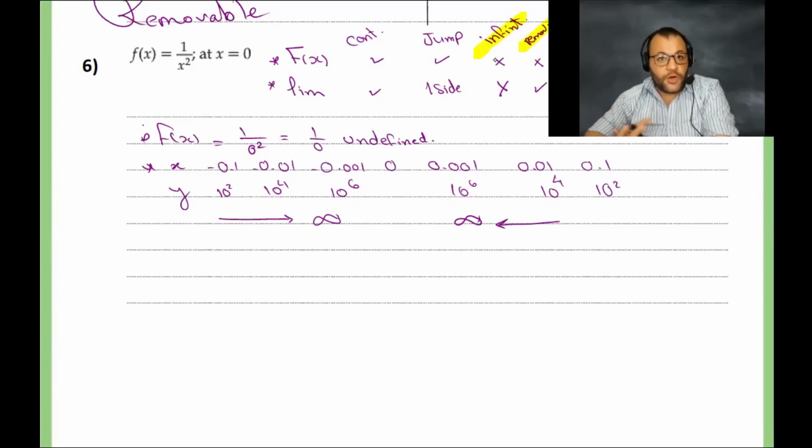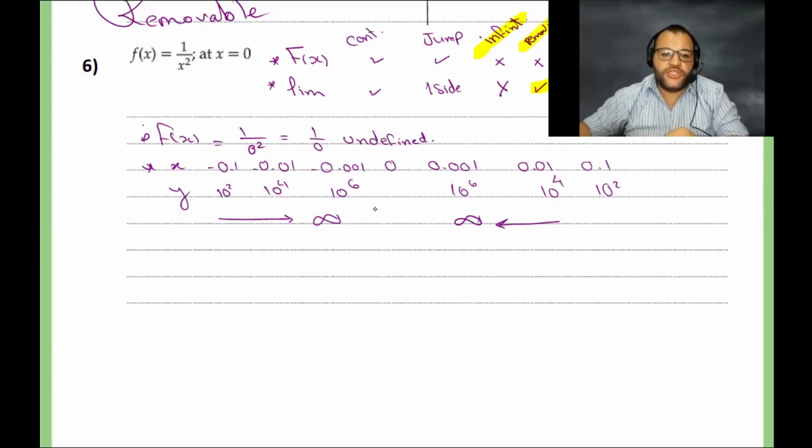Any problem for this one? So we need to check. What is the meaning of there is a limit? What is the meaning of the limit? The end. It's going to a certain number that you know.